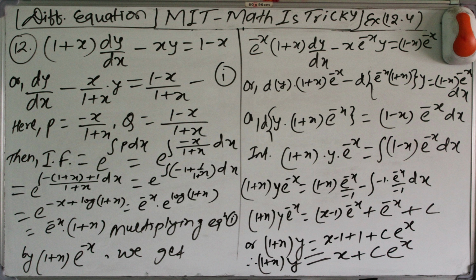So it will be simply minus x minus 1 times e power minus x, plus the integration of e power minus x, which is minus e power minus x, plus c. By simplification we get 1 plus x into y equals x minus 1 plus 1 plus c into e power x, the plus and minus cancel, so we got 1 plus x into y equals x plus c into e power x as our answer.